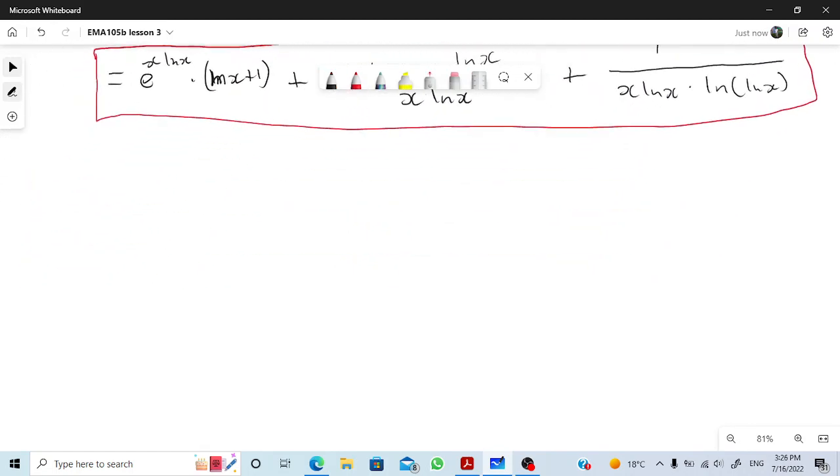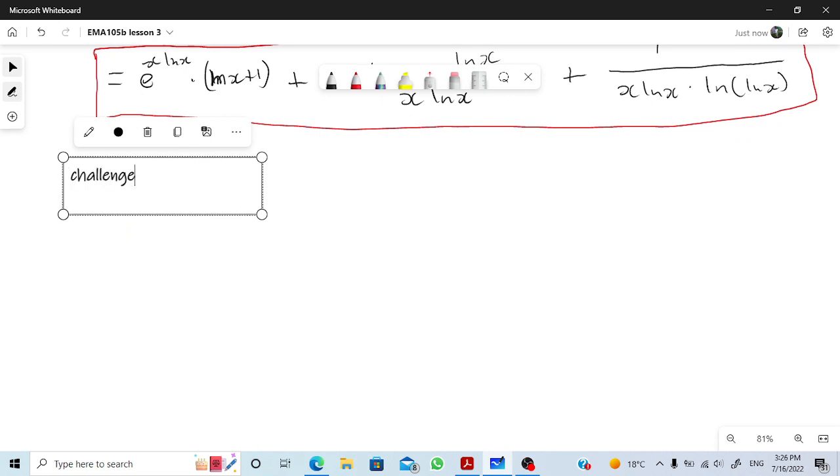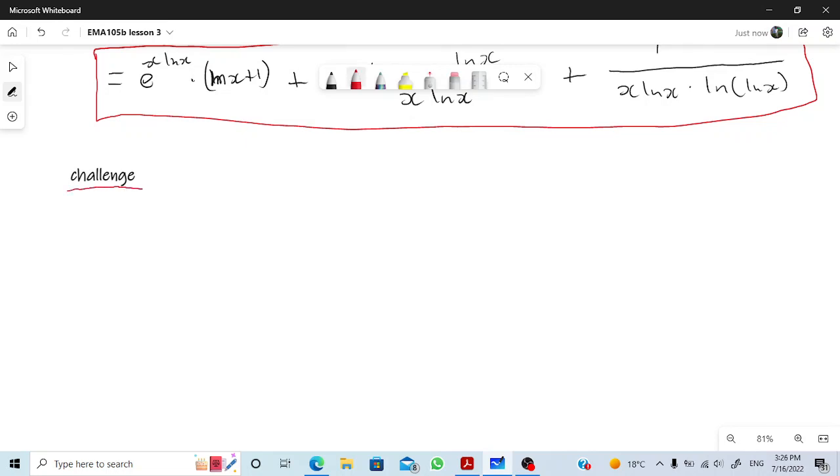Now I have a challenge. Based on the skills you have learned here, the challenge is to differentiate the following.